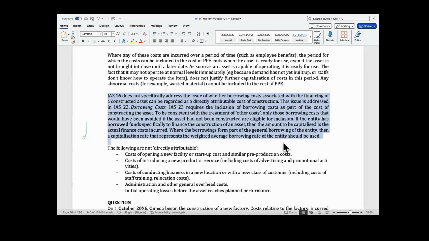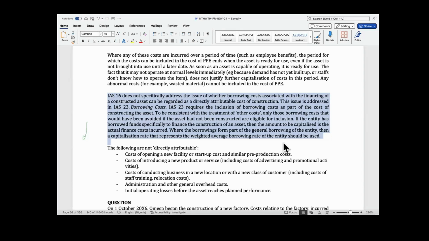Any interest you are paying on money you borrowed to construct an asset, not to buy an asset, to construct an asset. It's very important that you understand that it's to construct, not to buy.